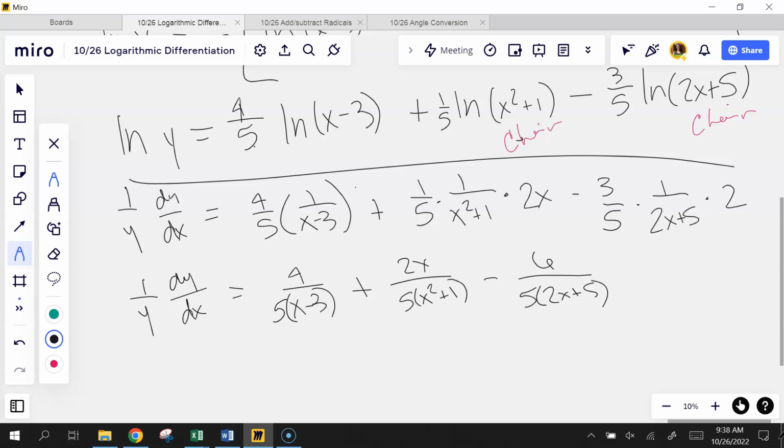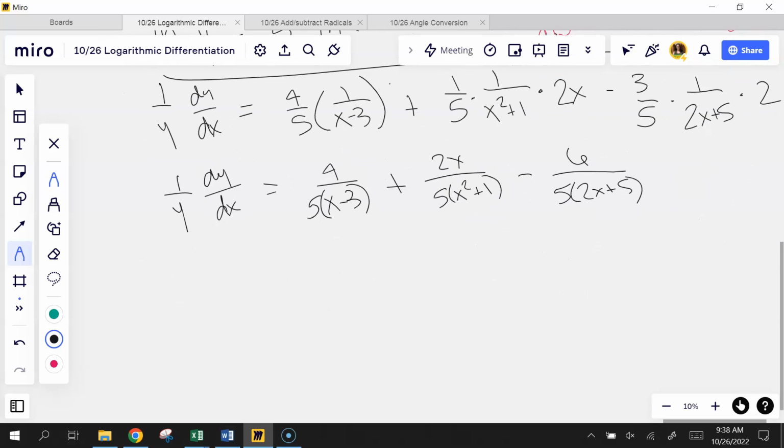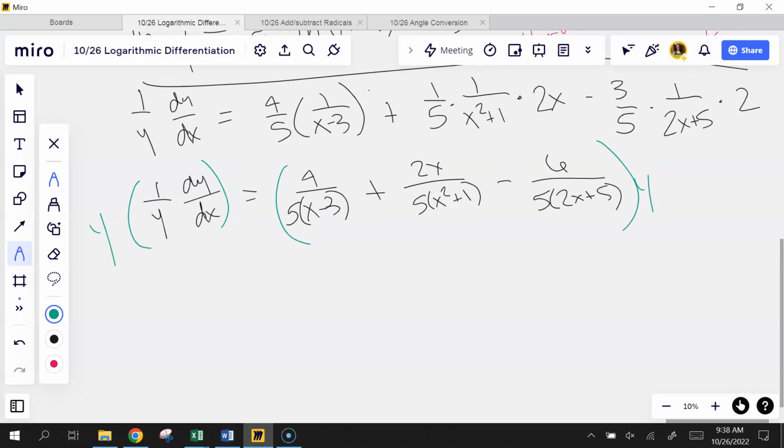Now all I have left to do is multiply by y on both sides. And whenever I do that, I actually want to plug in what did I start with?